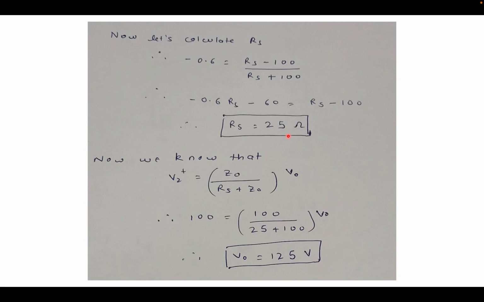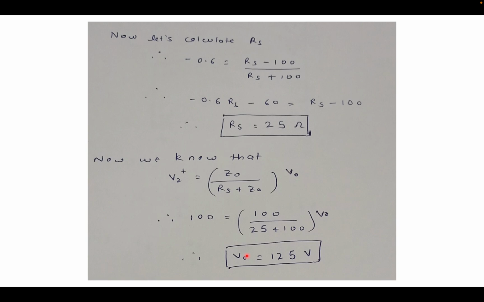So the correct answer of the first two parts is ZL is 60 ohm, Rs is 25 ohm, and similarly we can go on to find the voltage V naught. V2 plus is Z naught upon Rs plus Z naught times V naught. So V2 plus is 100, Z naught is 100, Rs is 25. From here you can easily see that the source voltage of the battery is 125 volt.